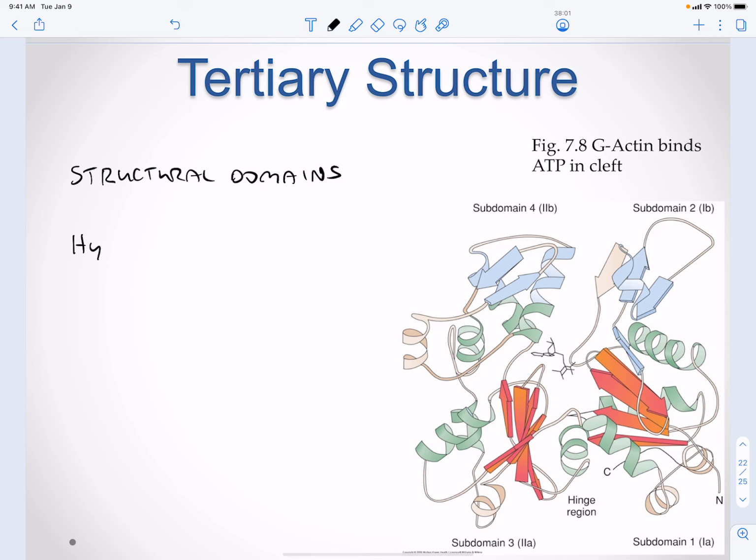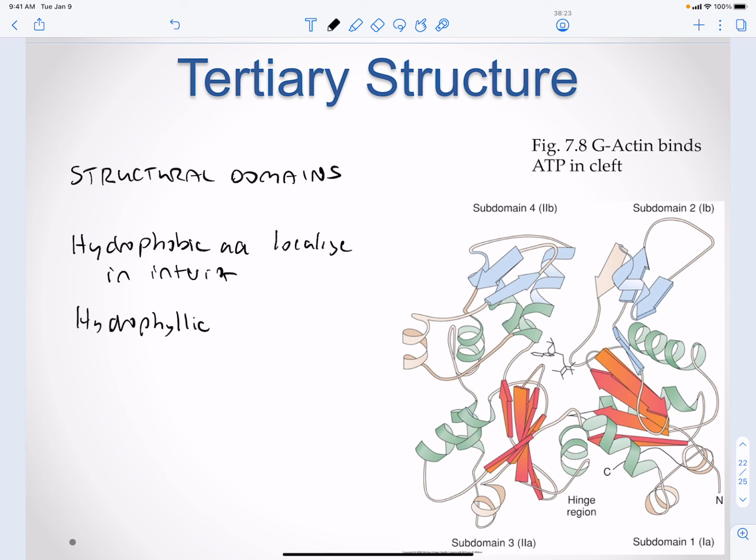So your hydrophobic are going to localize in the interior. And your hydrophilic are going to localize on the surface, where they will interact with water.